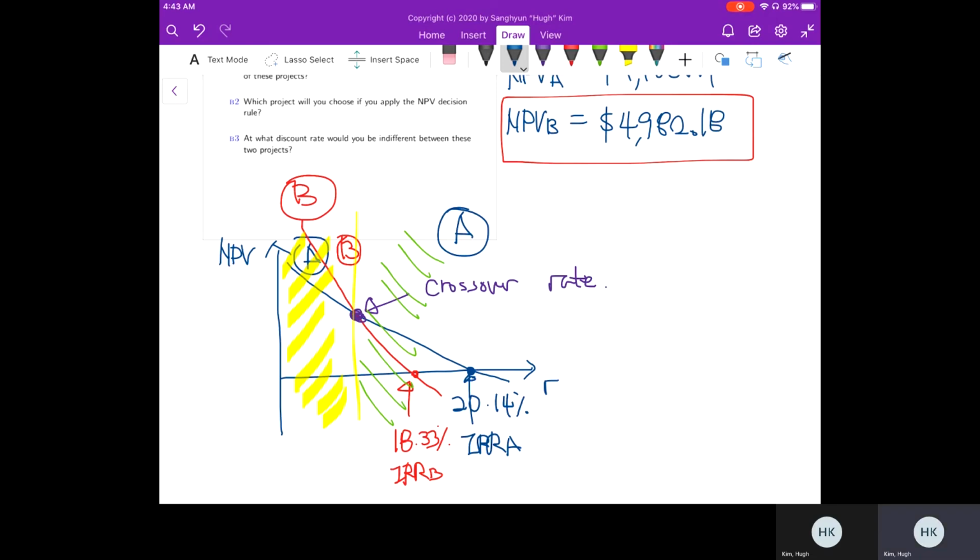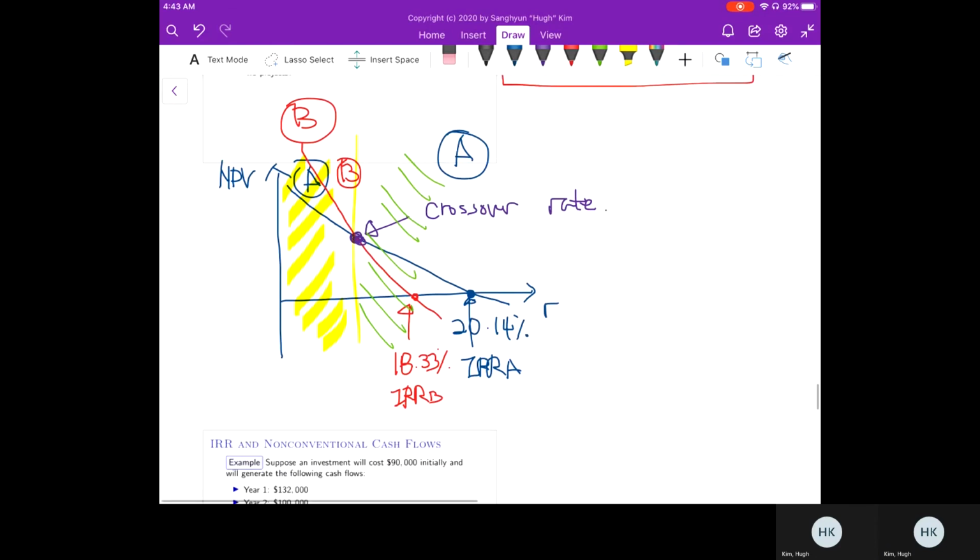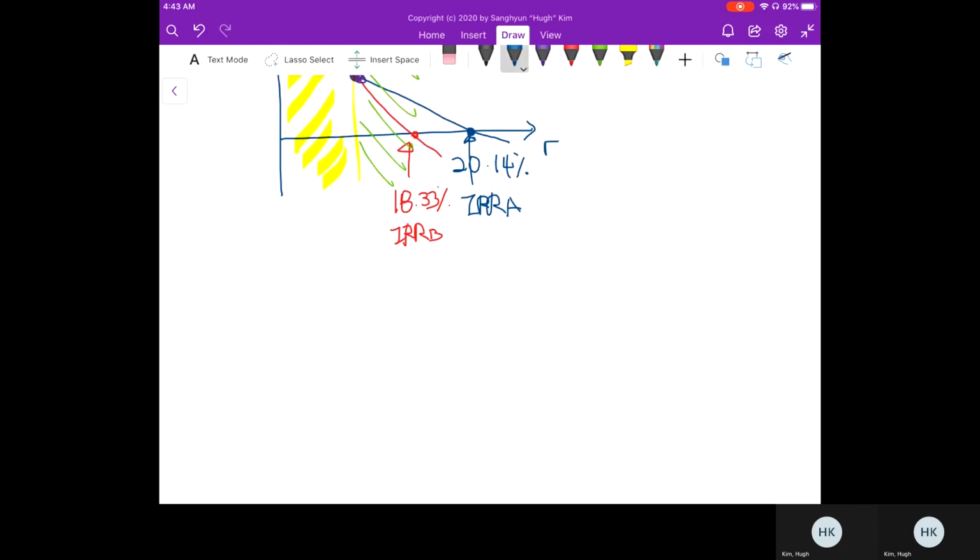Then how do we compute this crossover rate? We first have to compute the differences in cash flows between the two projects.